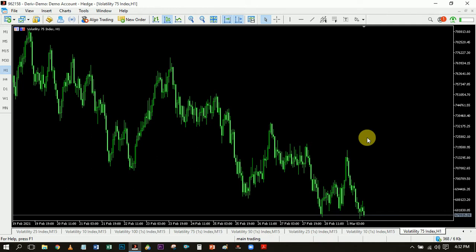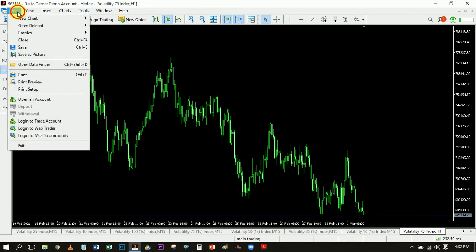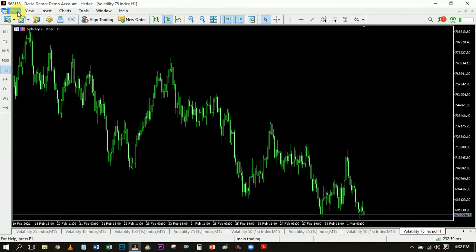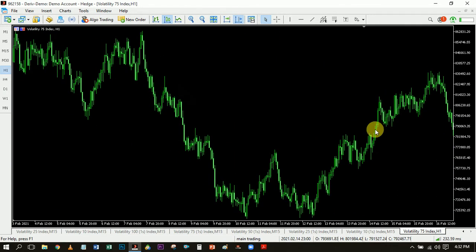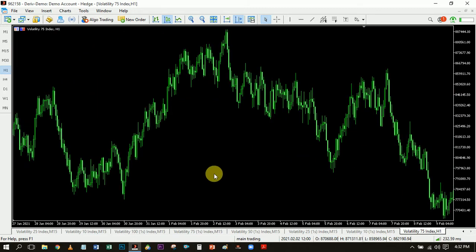So jumping right into our charts, what are the things that we need to first of all understand? Now, moving average in itself is a trend indicator, in the sense that it helps you to know what's happening in the market, if the market is moving upwards or downwards or sideways.